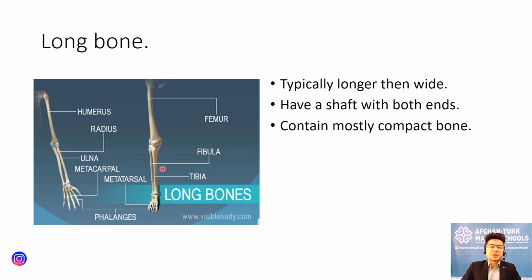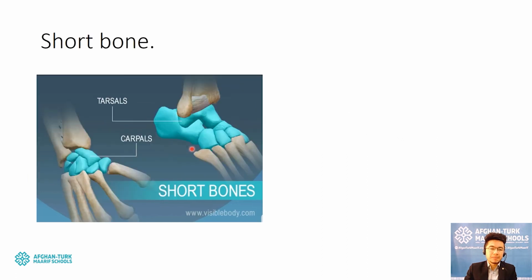It means the long bones need to be very strong. That is why they have to be made of a very strong tissue, which is compact bone. For example, our femurs and our humerus.